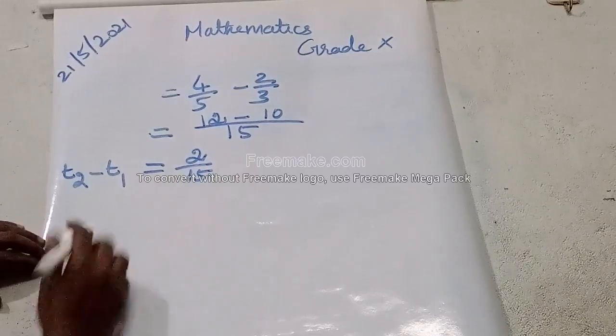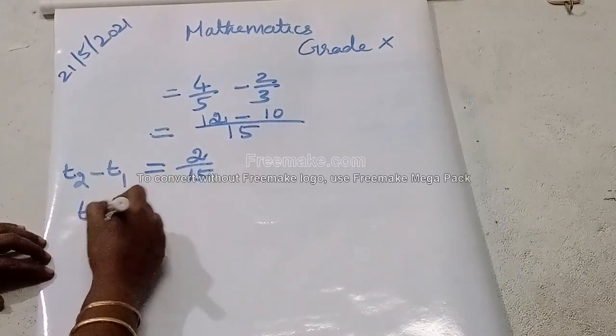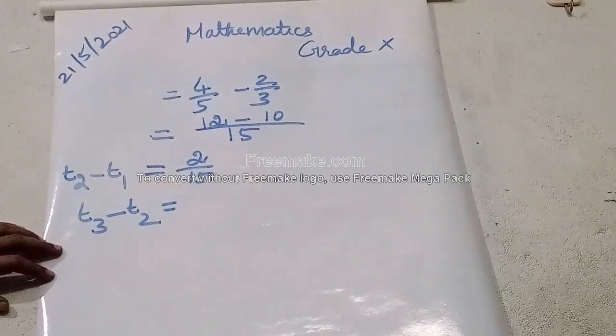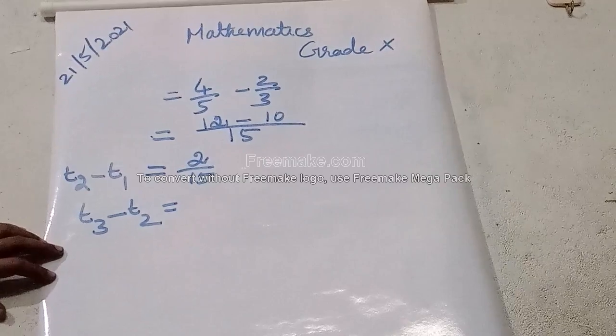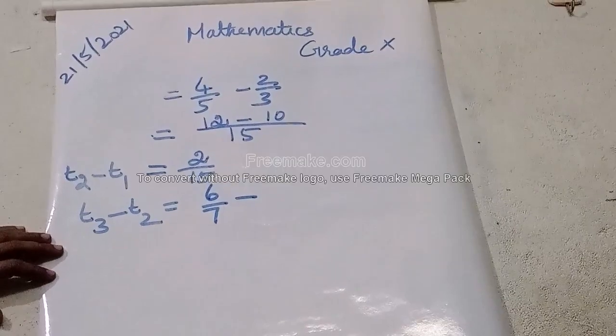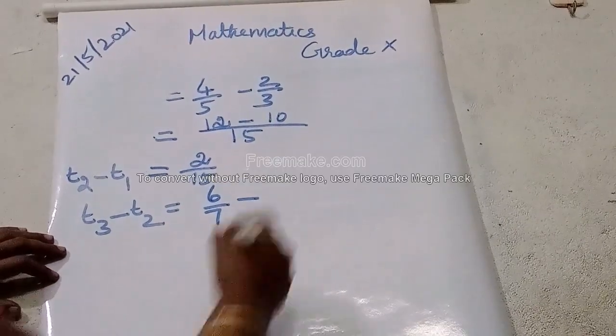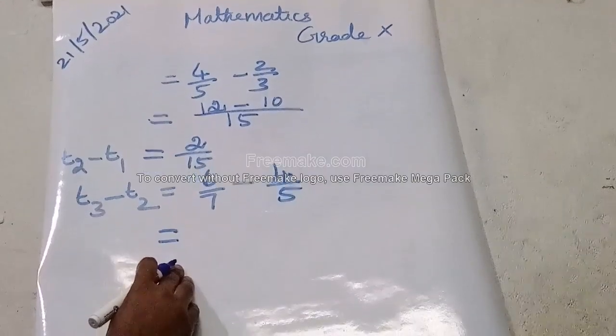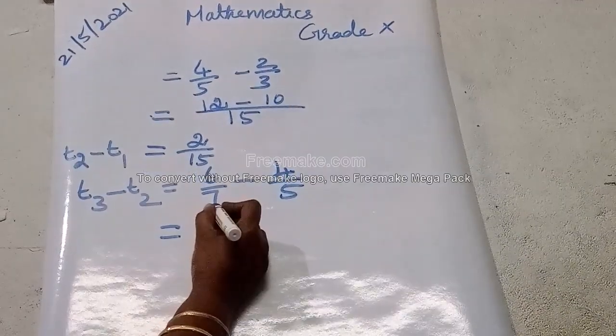Similarly, we are going to find T3 minus T2. T3 minus T2 equals 6/7 minus 4/5. Here we have to find the LCM.